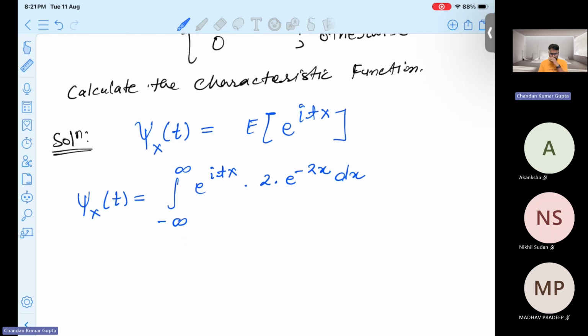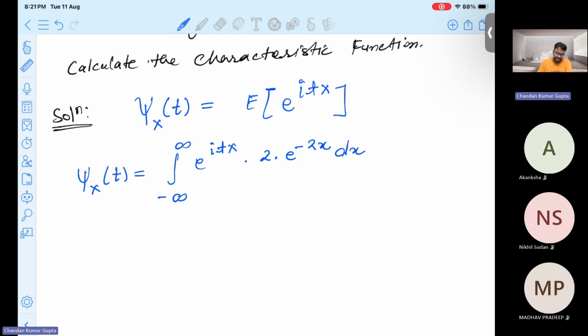Obviously from here, the 2 can be taken outside the integral. Then all the quantity will be from 0 to infinity.